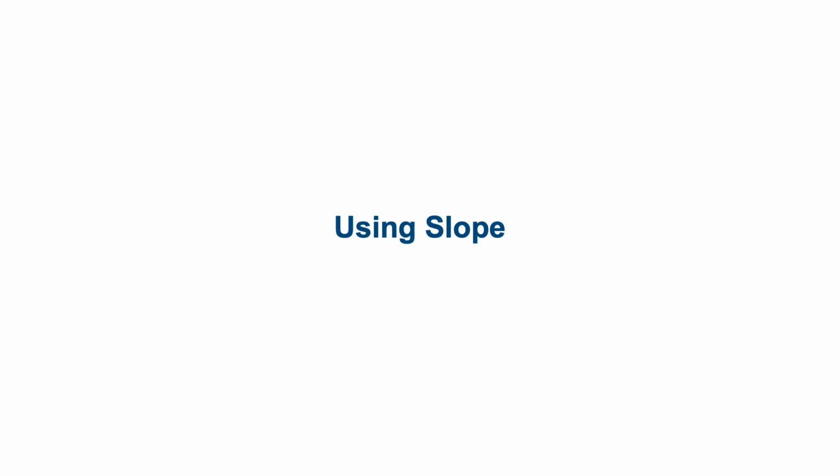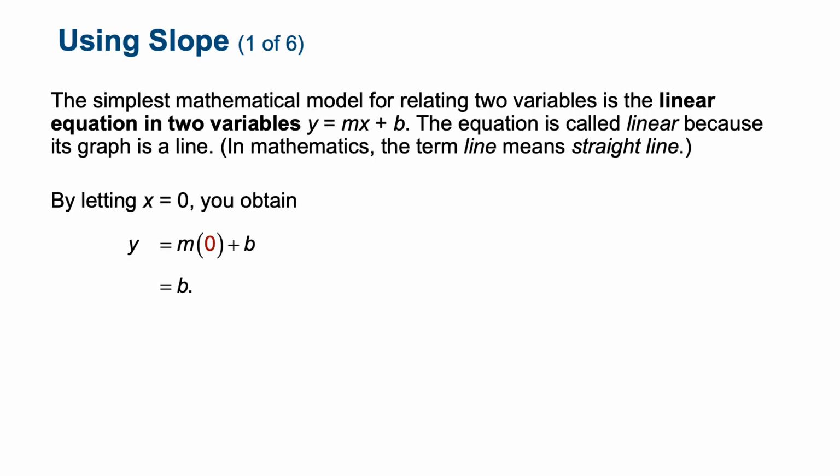All right, so let's start off with slope. So the simplest way of relating two variables in linear form is y equal mx plus b. This equation is called linear because the graph is a line. So in math, when you say a line, you're talking about a straight line. Okay?